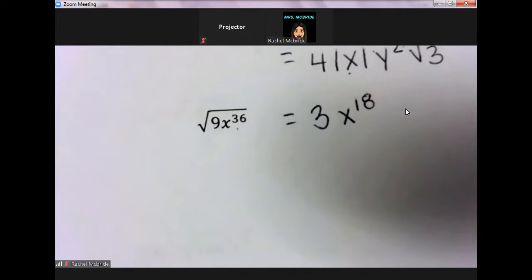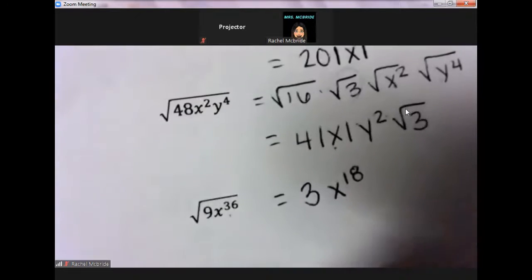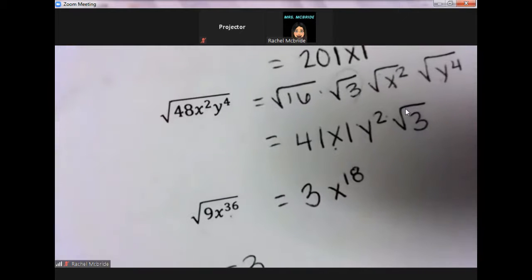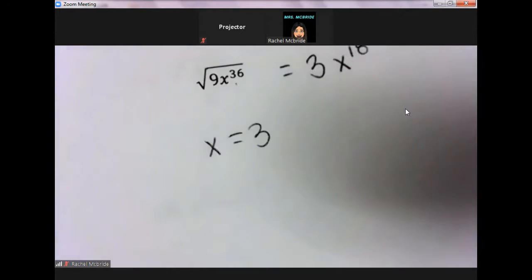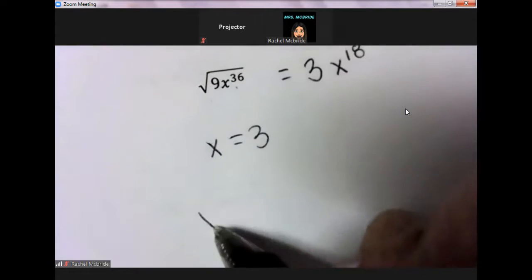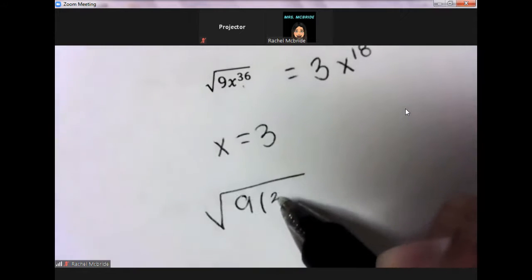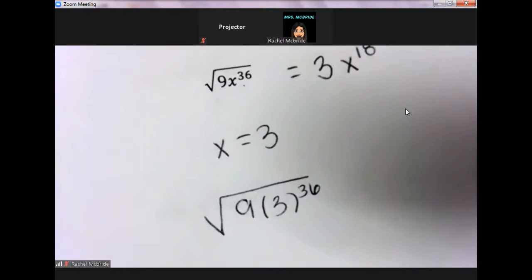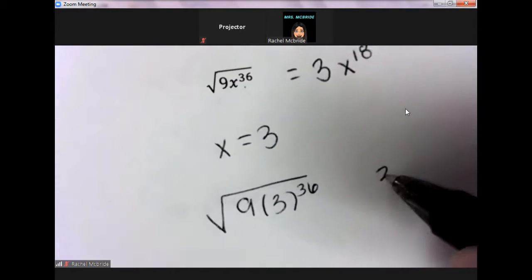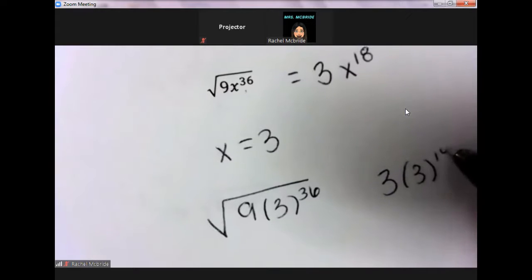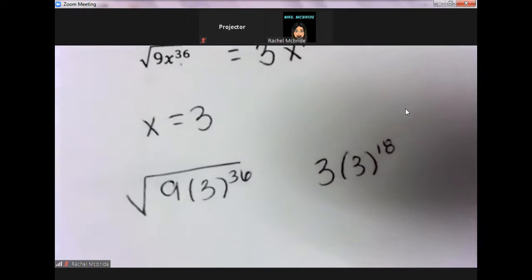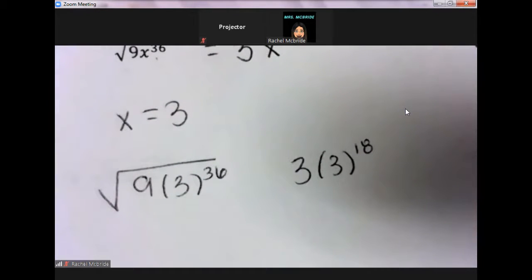If you plugged a number in for x, let's say x equals 3, and you plug that in under the radical versus into your answer here, you should get the same answer for both.